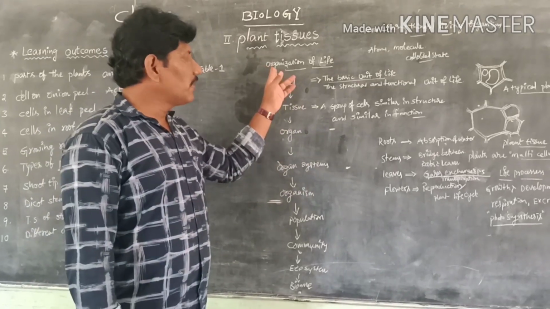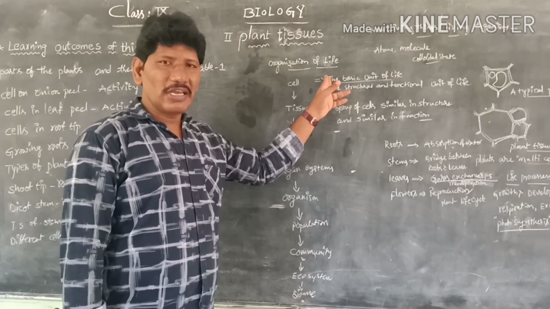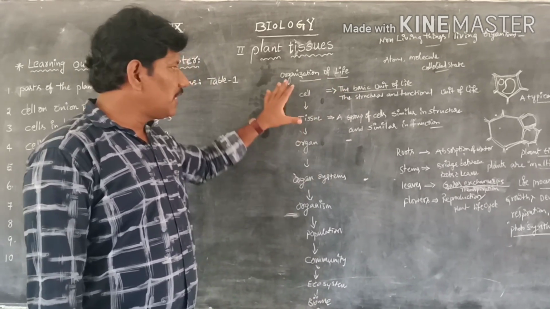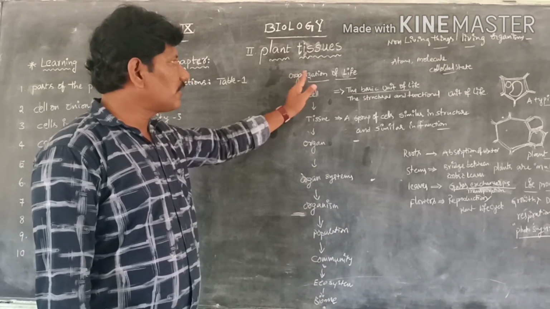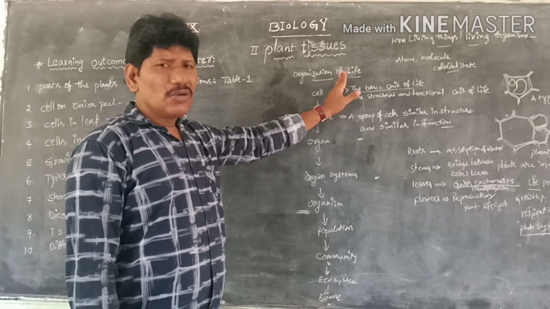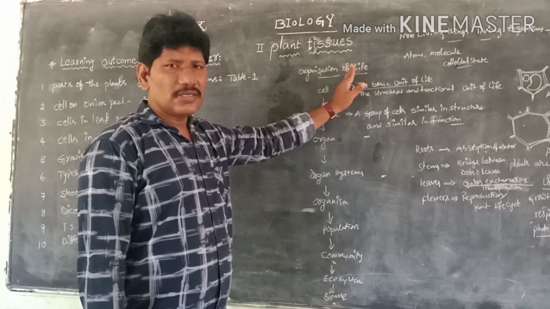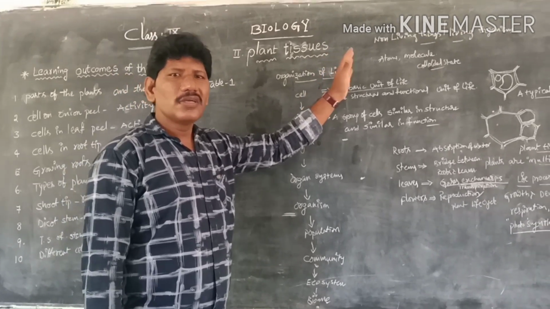So when we come to the organization of life, we have a flow chart. It is very easy to understand. What do we mean by organization, and how did life evolve? Why are living organisms entirely different from non-living things?